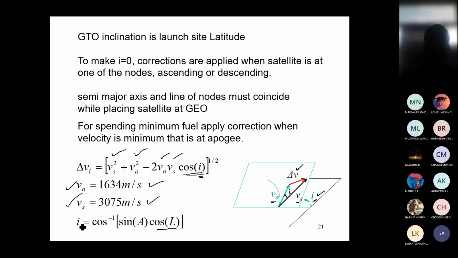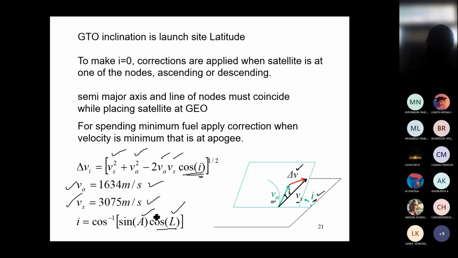So what is the inclination angle? It is cos inverse of this value. That means if the latitude of the launching pad, the location from which we are launching the satellite, is given, obviously that latitude will be given. If the azimuthal angle is given, so what is the azimuthal angle?